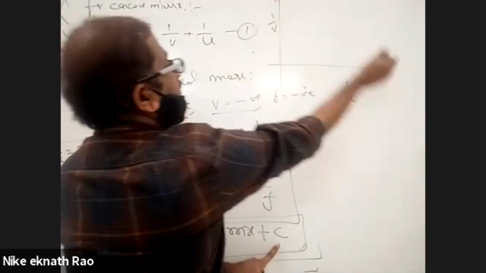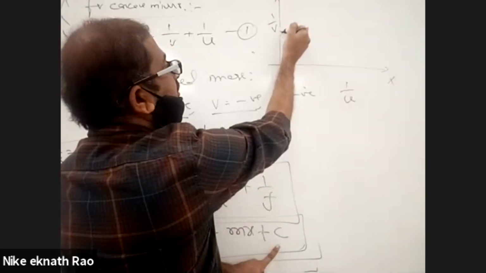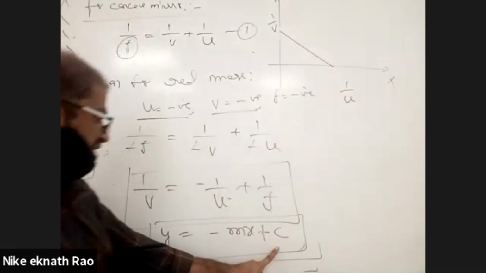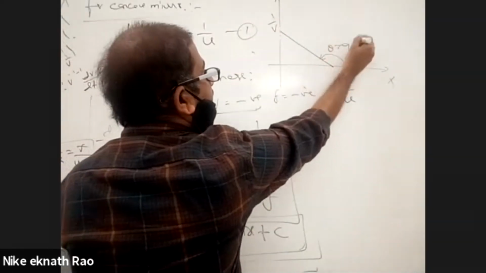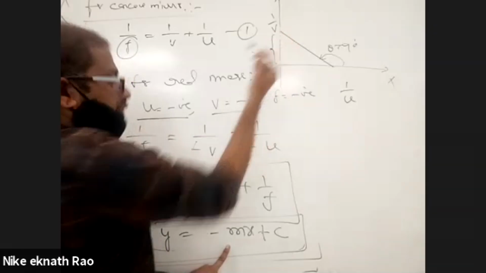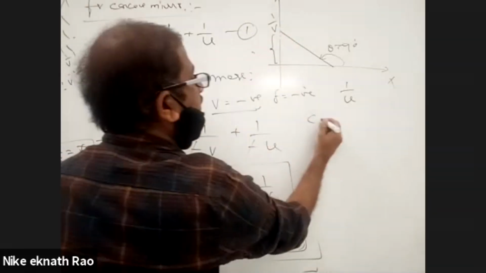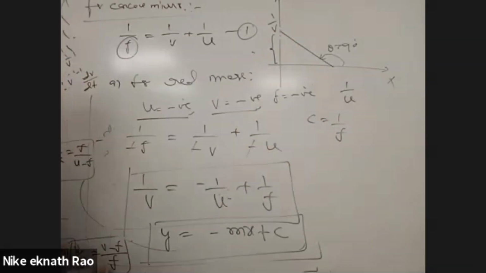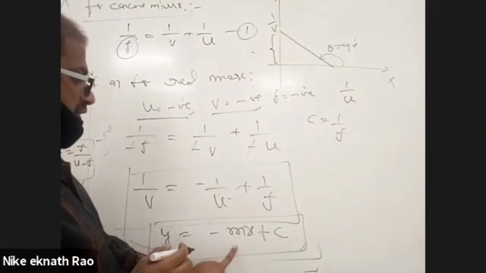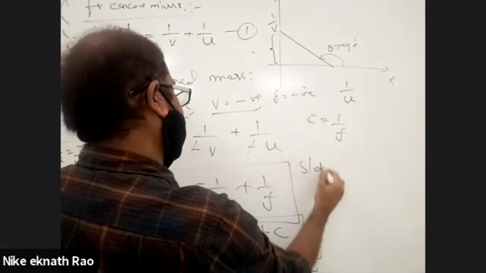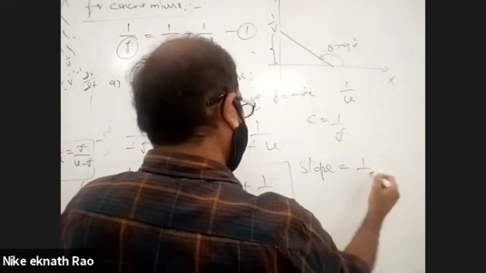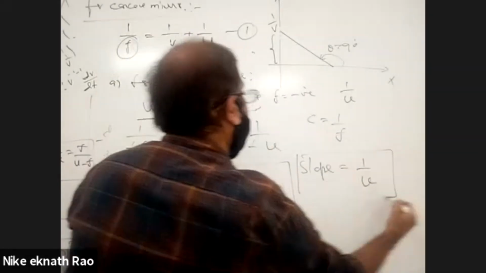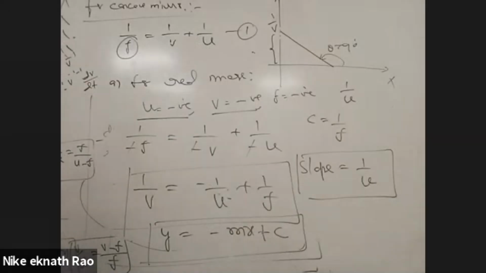The intercept c is 1 by f. And the slope is 1 by u.